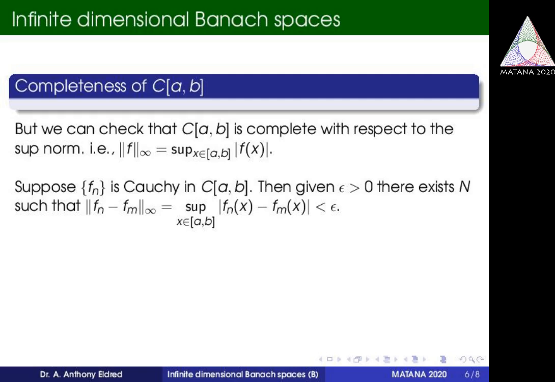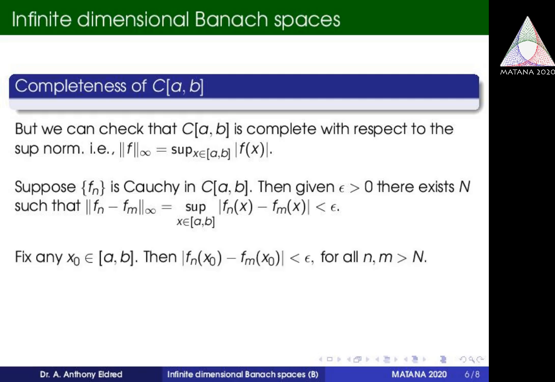Now since the supremum itself is less than epsilon, we can fix any x0 in [a, b]. Take any point in [a, b], then since the supremum itself is less than epsilon, |fn(x0) - fm(x0)| is less than epsilon for all n, m greater than N. So here we are fixing a point x0.